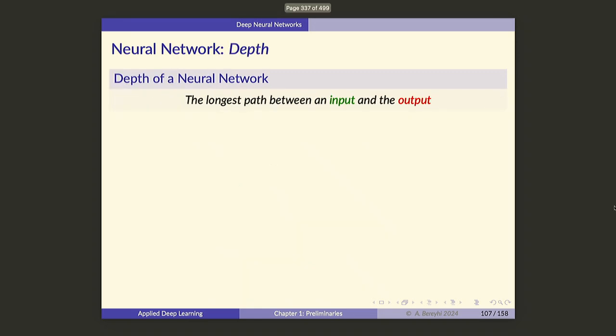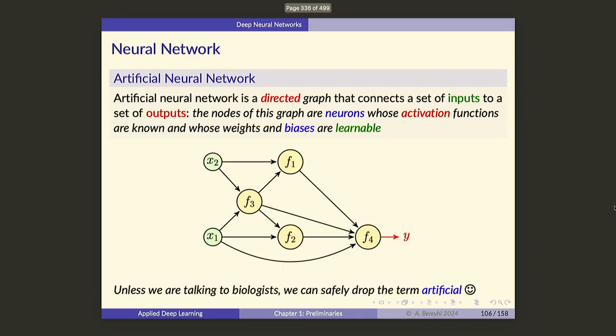Right. So now, the depth of a neural network. The depth is basically the longest distance you must travel from an input to get to the output. In other words, if you think of this architecture as a transform of information from x1, x2 to your output, depth tells you the longest way your information must pass to get to the output.